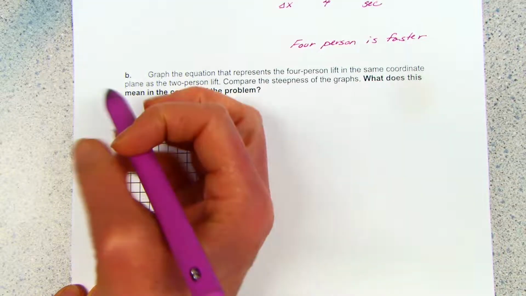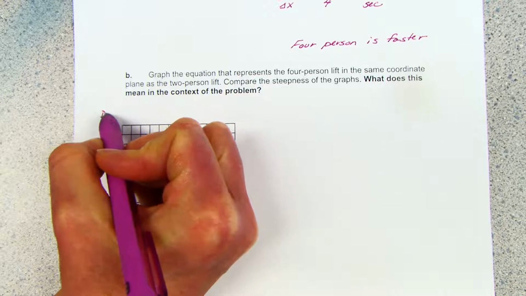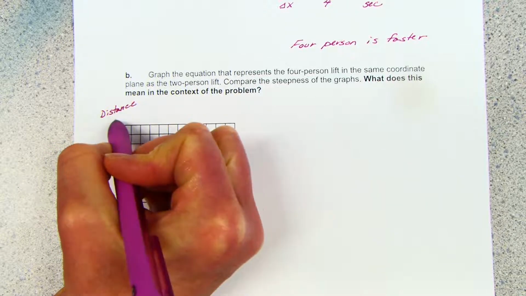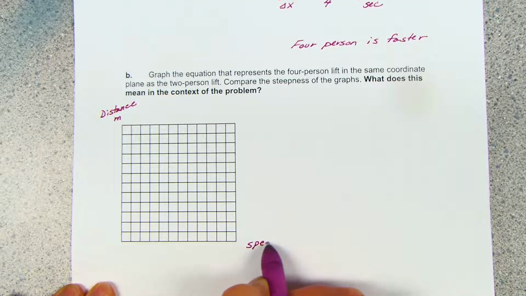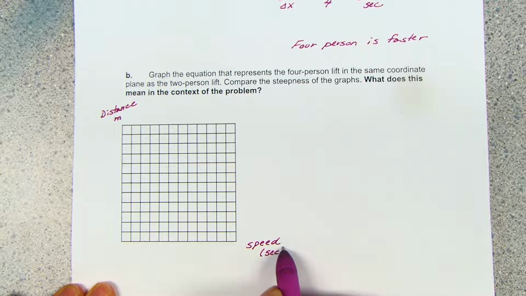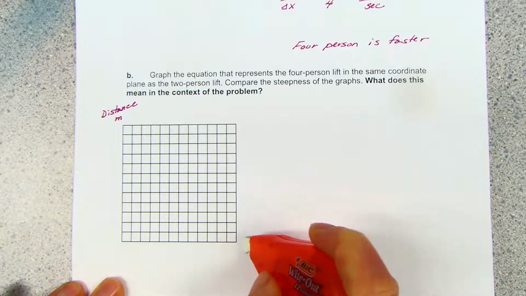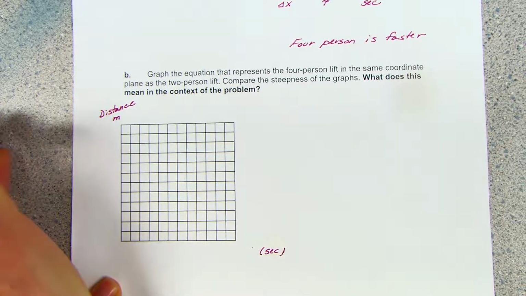So we're going to do a similar graph. We're going to do distance in meters on the y. And we're going to do speed in seconds on x. No, that is not correct. We're not doing speed. We're doing time, because speed is the slope, it's the rate.